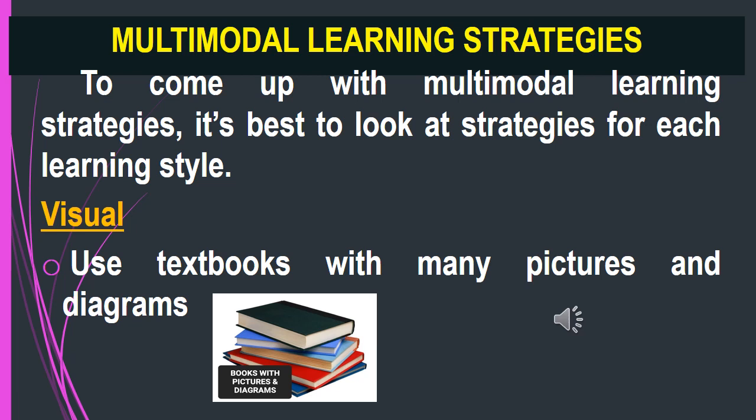Next chapter will be multimodal learning strategies. To come up with multimodal learning strategies, it's best to look at strategies for each learning style. Under visual, use textbooks with many pictures and diagrams.